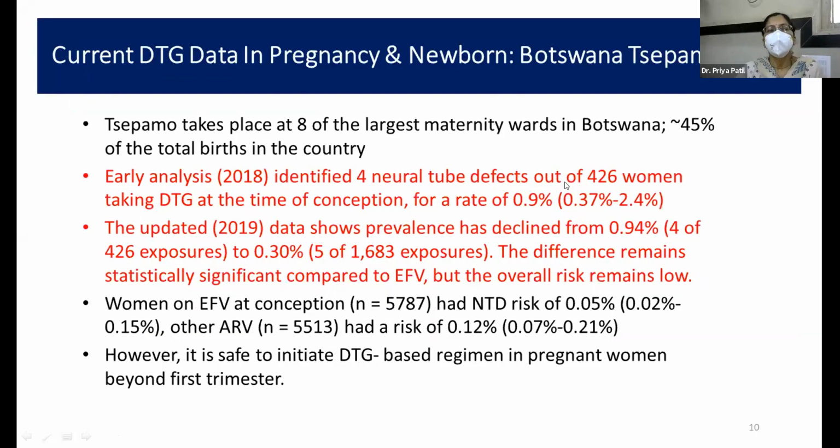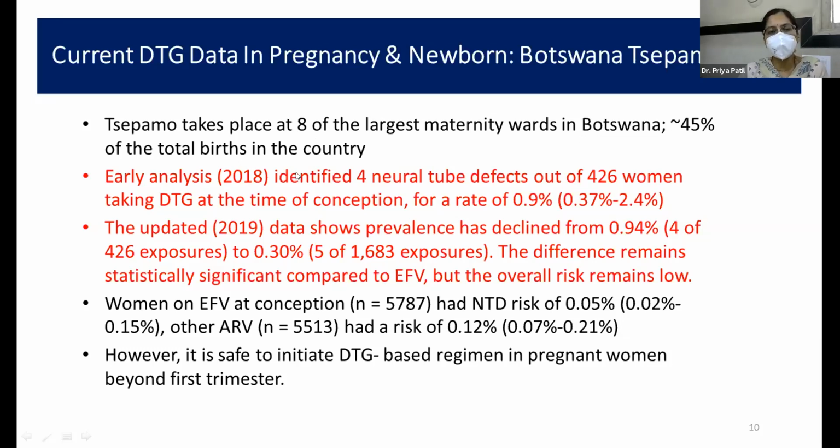Now coming to the issue of dolutegravir in pregnant women. Now there is an ongoing trial in Botswana. The Tsepamo study takes place at 8 of the largest maternity wards in Botswana, which account for 45% of the total births in the country.